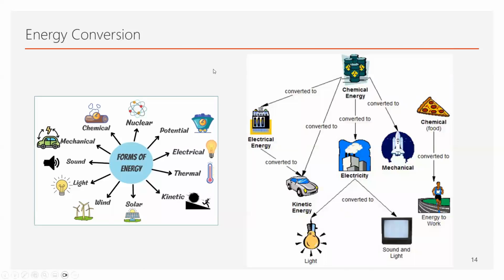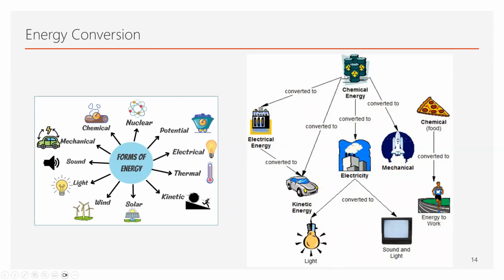What are the types of energy we use normally? There are mechanical energy, chemical energy, nuclear energy, potential energy, electrical energy, thermal energy, kinetic energy, solar energy, wind, light, and sound. These are the very generic forms of energy. In the figure on the right, you can see the different energy conversions. For example, this is chemical energy.